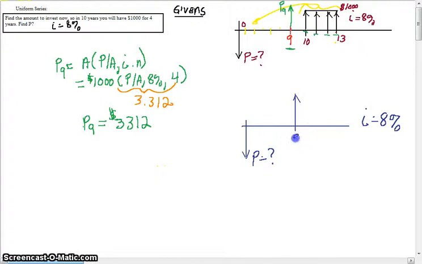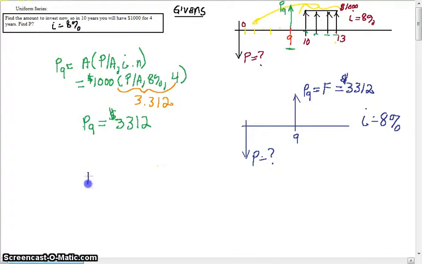And then we know that this is year 9. And this P9, we can think of it also as an F, some future value, which we have solved for, which is $3,312. Now we can solve for P using our single payment method.